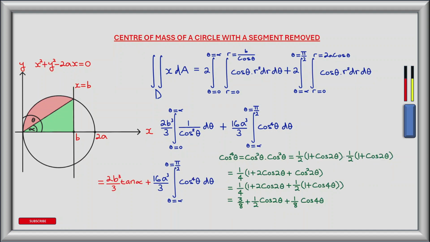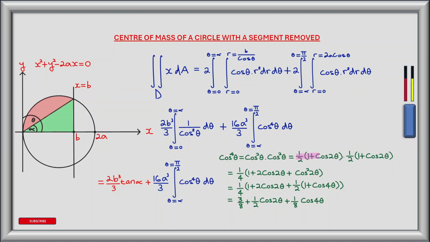So now let's work on the integration of cos to the power of 4 theta, which is our second integral. To do this, we need to rewrite it. So we can rewrite cos to the power of 4 theta as cos squared theta multiplied by cos squared theta. And we can write cos squared theta as 1/2 into 1 plus cos 2 theta.